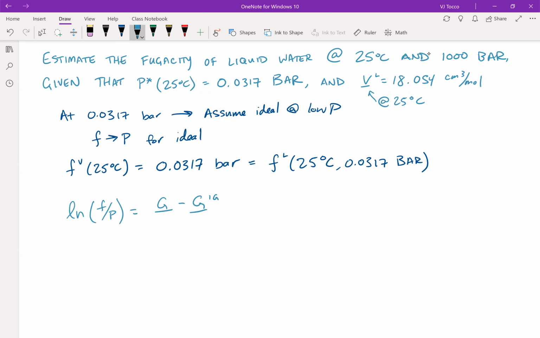Oh, and I'm also going to start using the book notation a little bit closer. I realize that when I write star, that could either mean for an ideal gas or for saturation, and I don't want to confuse things. So I'm going to start writing IG, or trying to, for the ideal gas situation.